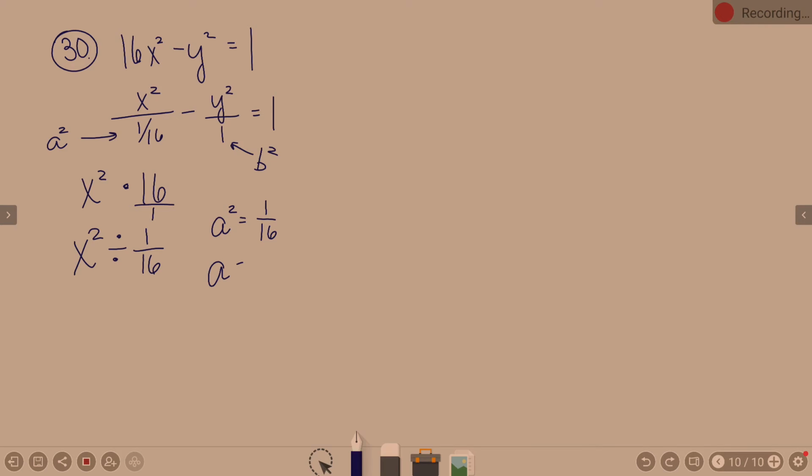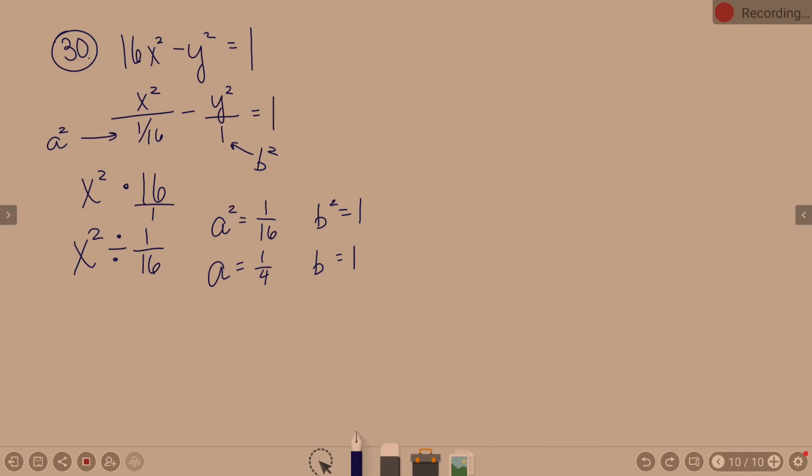And so a is going to be 1/4. If b squared is 1, then b is 1. Square root of 1/16: square root of 1 is 1, square root of 16 is 4. Yes? Is that what you needed me to say, maybe? Something in there? I just lost the square root part.